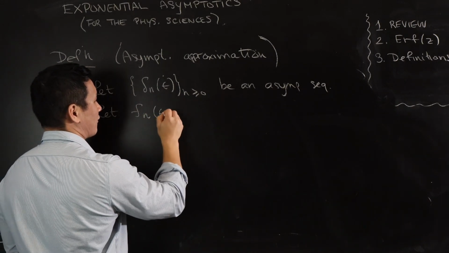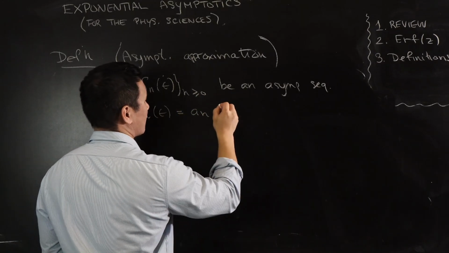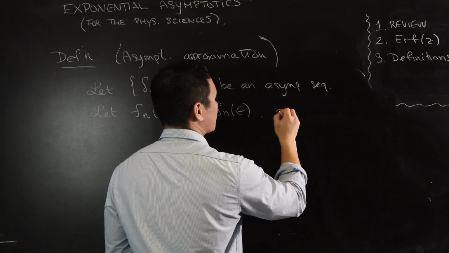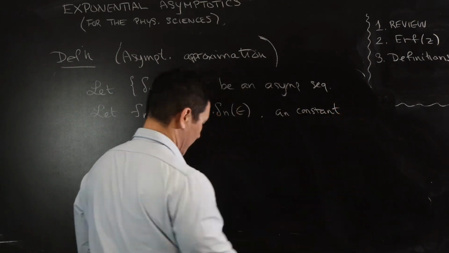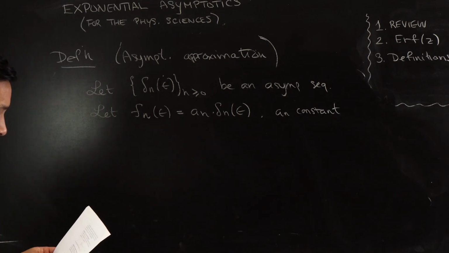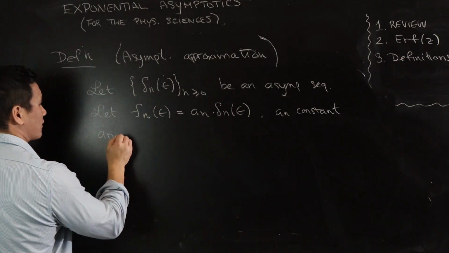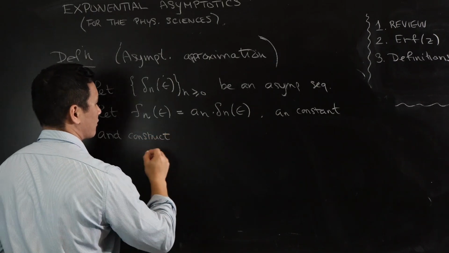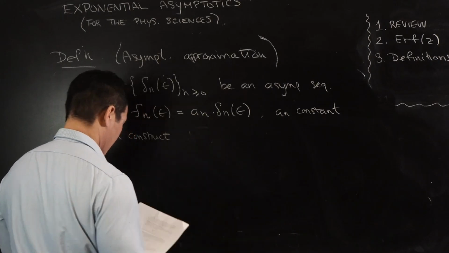Let's take f n of epsilon to be some a n times delta n of epsilon, where a n is a constant.